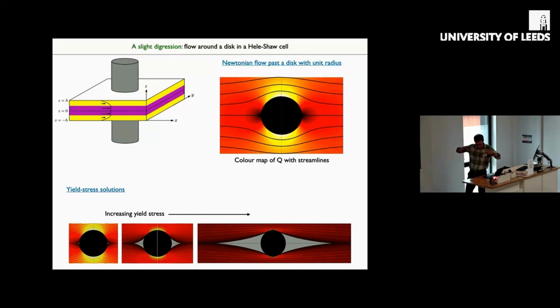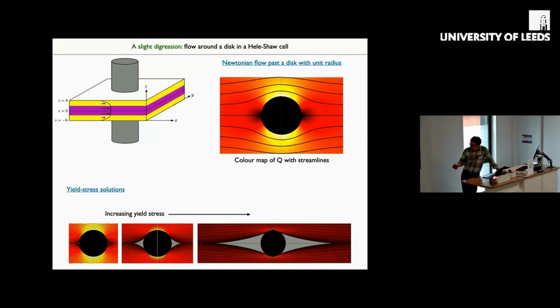This is like a top-down image. You should imagine having a slot on your table, and you're looking at it from above. The color scale here shows the flux, so everything is depth averaged, depth integrated. And here you find that this central plug, which actually exists everywhere, even far away from this region, is a central plug of unyielded stuff, but in this grey region, it's filled the channel and stuff is stagnant and locked there.